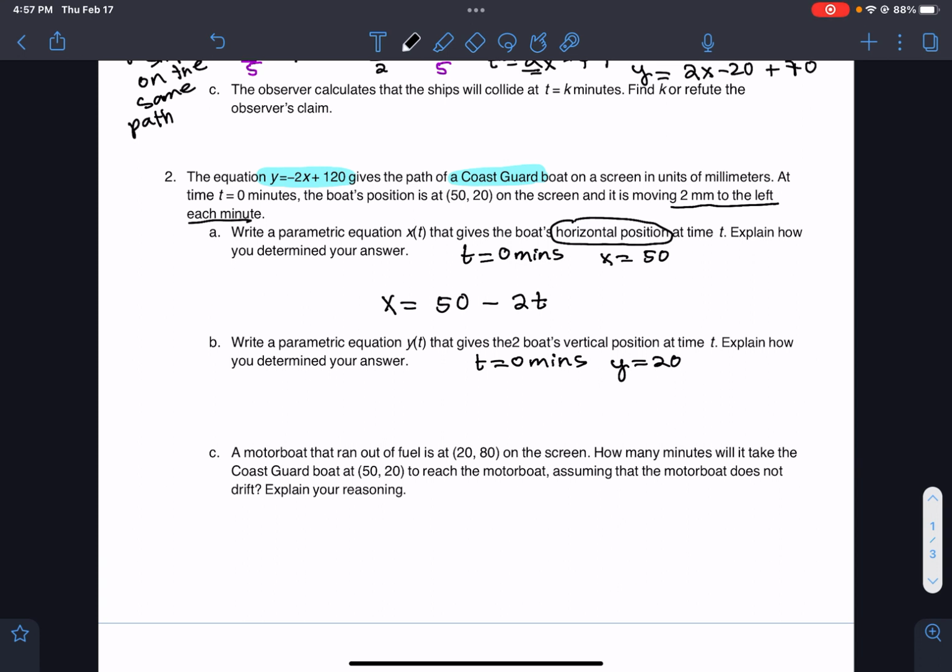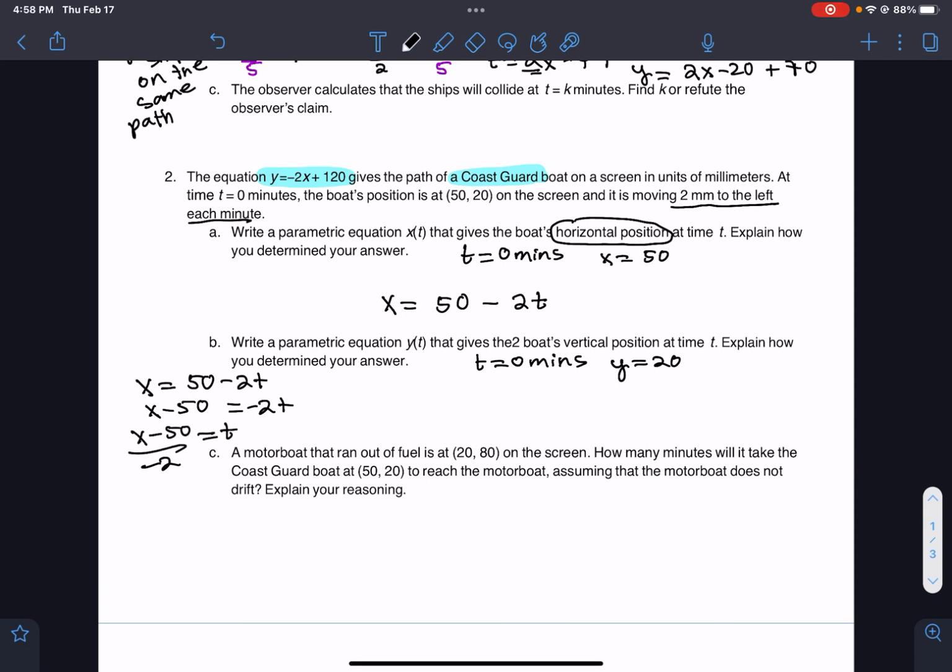So what I'm actually going to do is take this equation, x equals 50 minus 2t, and solve for t. To solve for t, and you'll see why I'm doing this, I get x minus 50 equals negative 2t, and then x minus 50 over negative 2 equals t.